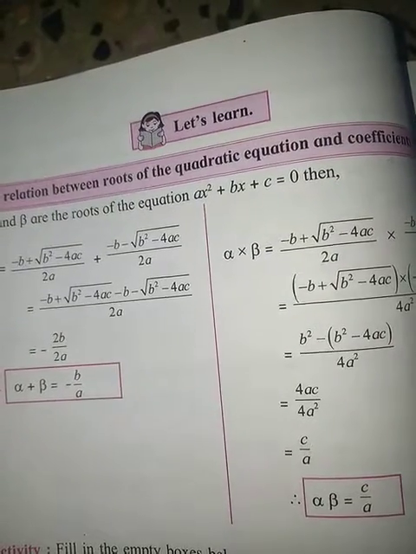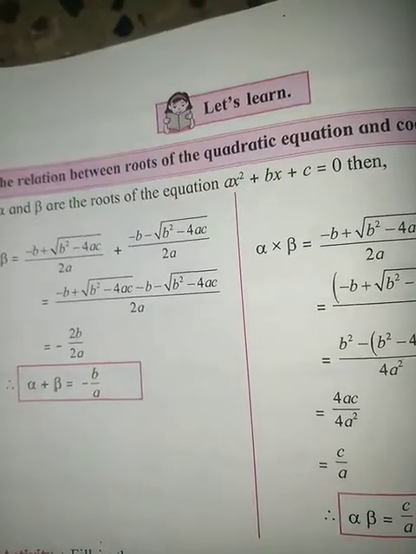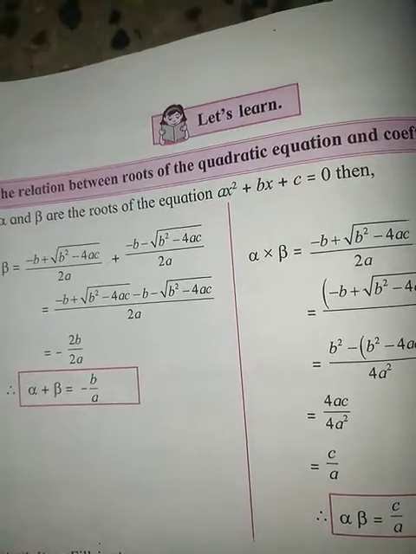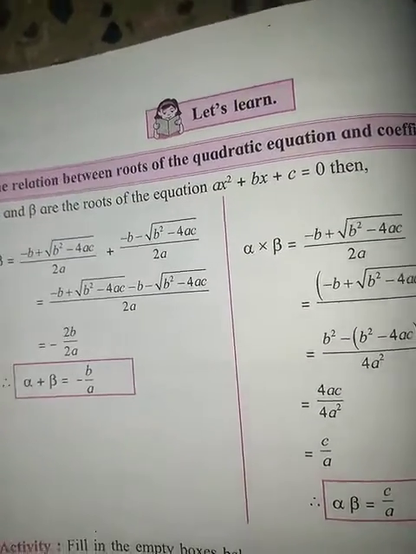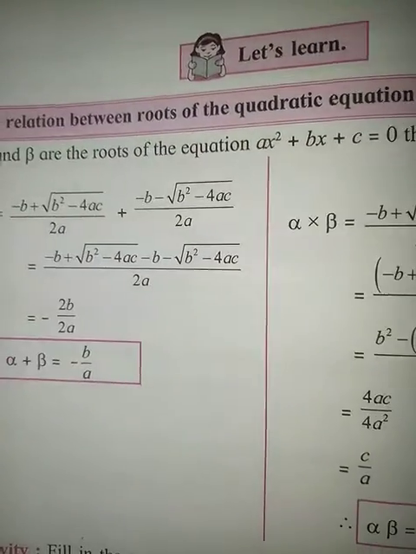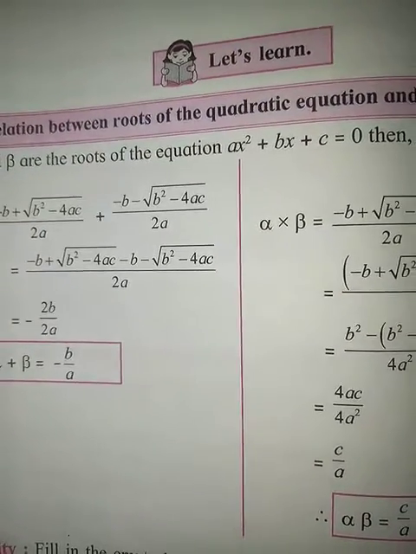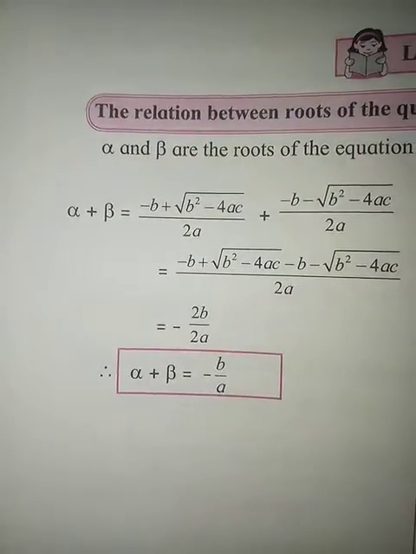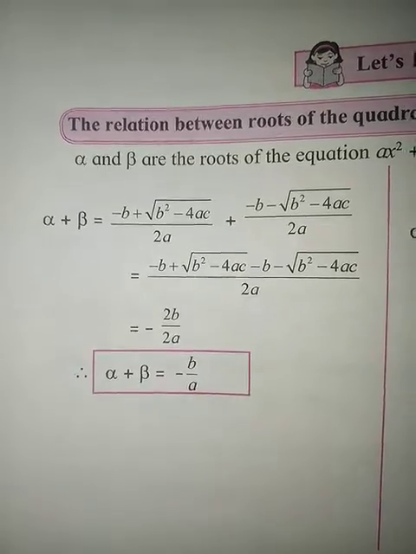Here minus under root b square minus 4ac and plus under root b square minus 4ac will get cancelled, and minus b will become minus 2b. So finally it will become minus 2b upon 2a, and 2 will get cancelled with 2, and finally alpha plus beta is equal to minus b upon a.